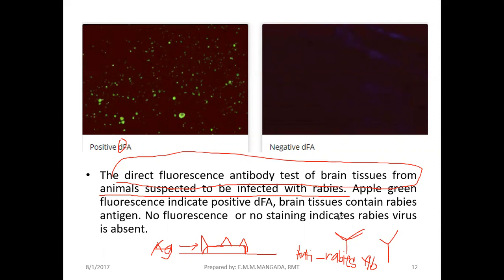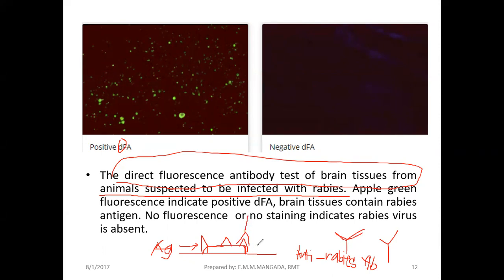Okay? So, upon adding our reagent antibodies to our specimen, they will bind. Because if this is our rabies antigen, this antibody, we said, is directed against the rabies antigen. So because the rabies antigen is present, they will now bind.